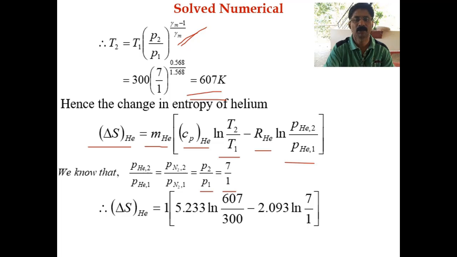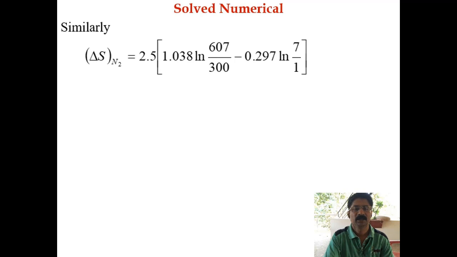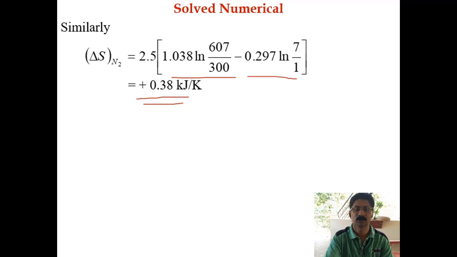Now making proper substitution, you will get the delta S for helium as minus 0.38 kilojoules per Kelvin. Similarly, delta S for nitrogen you will get as 2.5 into 1.038 ln 607 by 300 minus 0.297 into ln 7 by 1, and after simplification you will get plus 0.38 kilojoules per Kelvin.